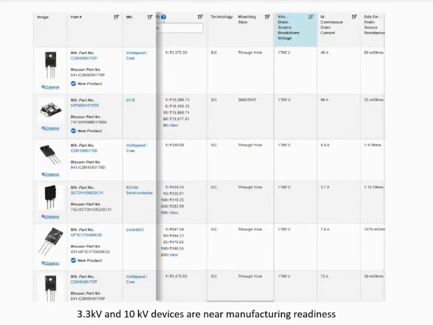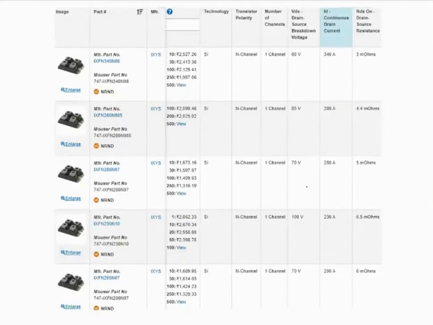And if you do the same analysis for SiC devices, this is a SiC MOSFET. You can see they are now available for 1.7 kV also, with decent current rating. And their low-voltage counterparts even have this kind of current rating, 340 ampere, and then 60 volt, 85 volt.